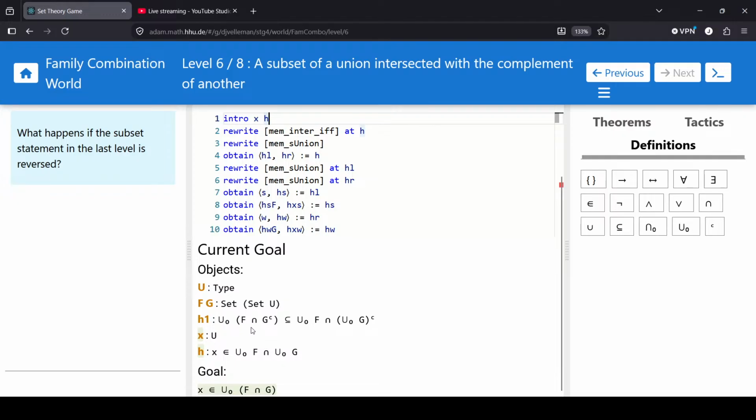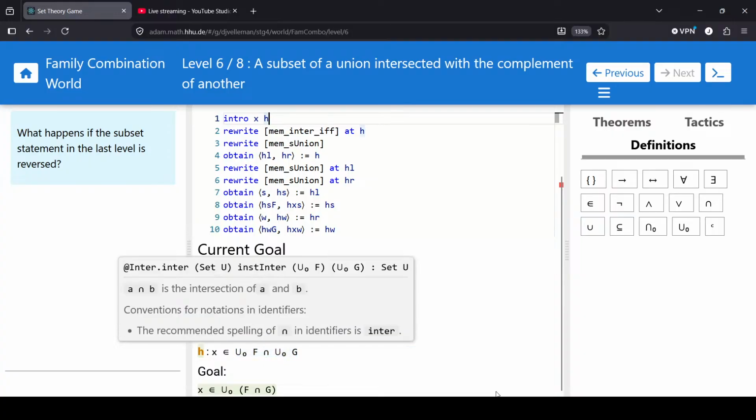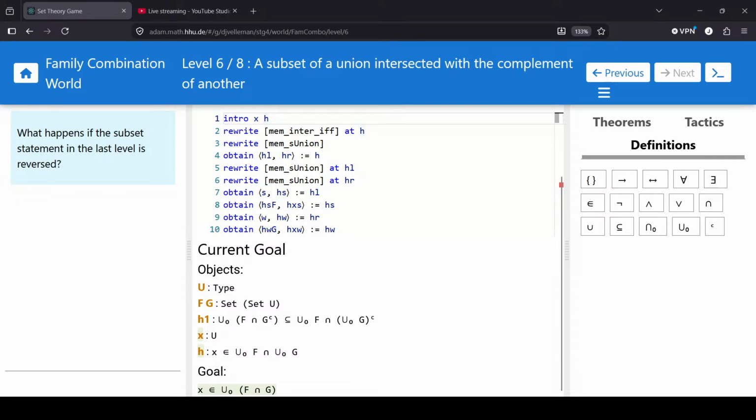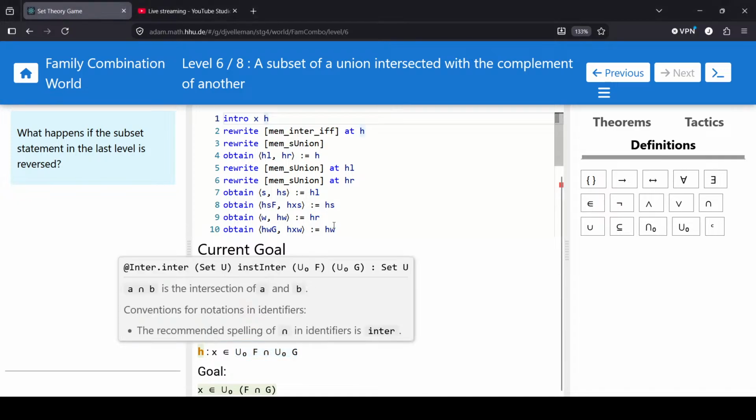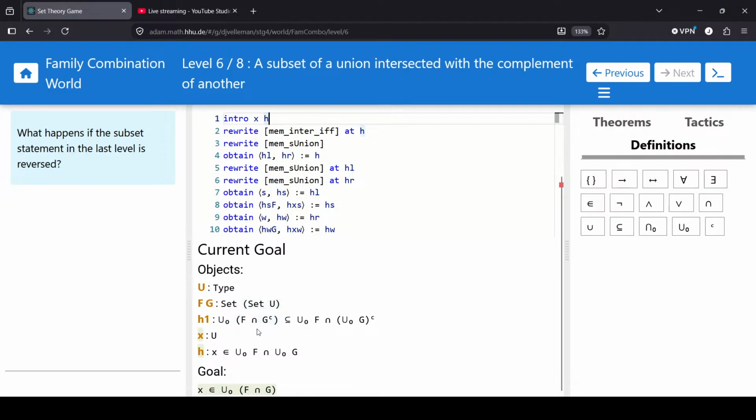Unless this is equivalent to this somehow, which I don't think it is. The union of all sets in F and the union of all sets in G, if you intersect those, that becomes the purple region from the diagram. That is different from F intersect with G's complement, right?